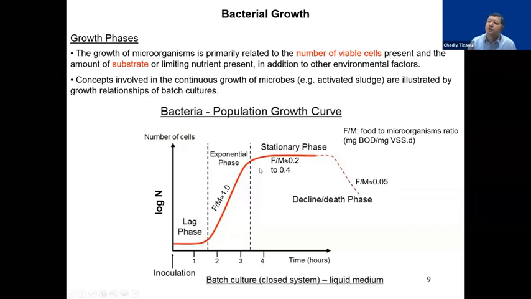So at a certain point, you reach some sort of equilibrium between the amount of food available and the amount of microorganisms, and that reaches a plateau, the stationary phase. At the stationary phase, the food to microorganisms ratio is around 0.4.